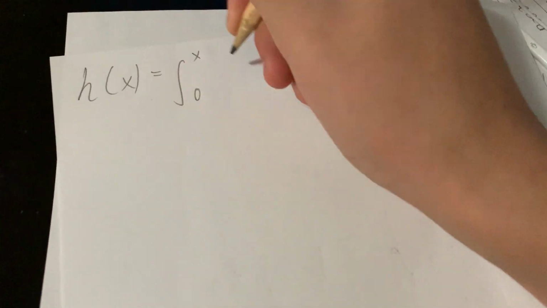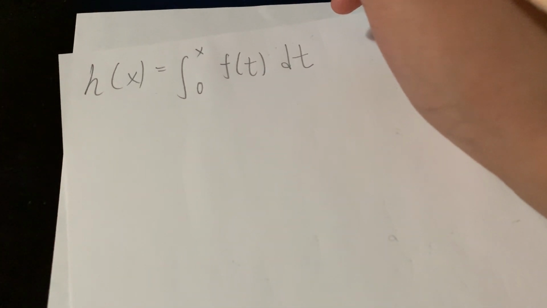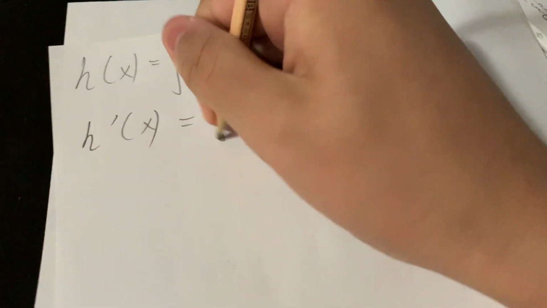Problem 15. A graph of differentiable function f is shown above. If h(x) is equal to this, well, h'(x) is equal to f(t).